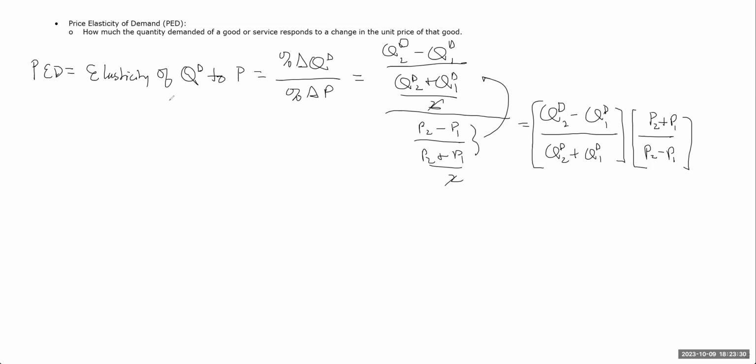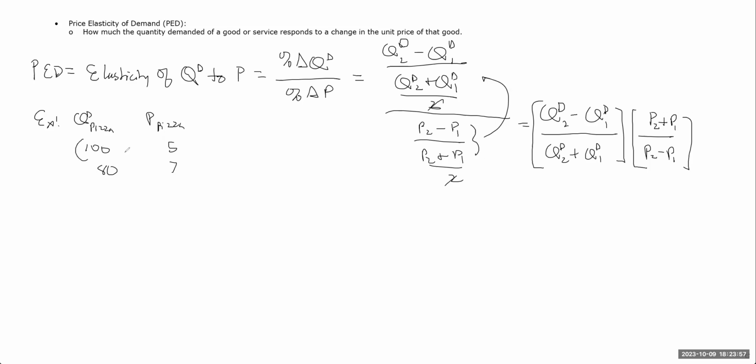Okay. So let's get some points and do an example. Let's say quantity demanded of pizza, price of pizza, and this is like 100 slices are demanded when the price is $5 each, and the price goes up to $7, only 80 slices are demanded.